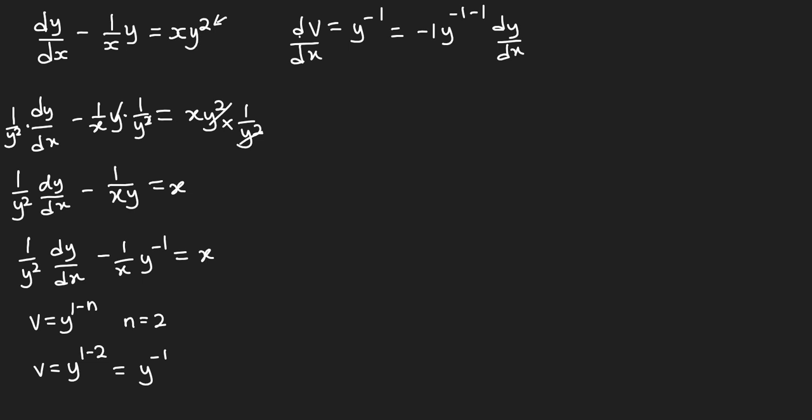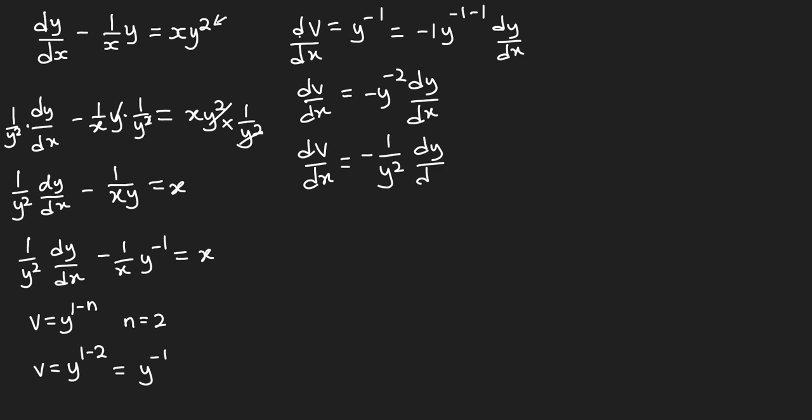When we simplify this, we are going to have dv/dx equal to minus y to the power minus 2 dy/dx. So this will be dv/dx equals minus 1 over y squared dy/dx.